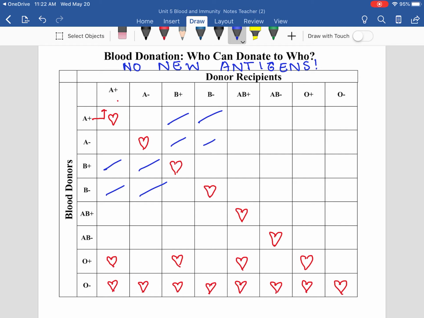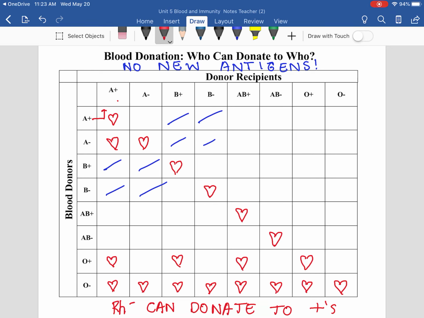All right, in terms of, let's go through some of the more RHs here. So when we're talking about RH factor, anybody that is RH negative can donate to positives. All right, so here A negative can actually donate to A positive.